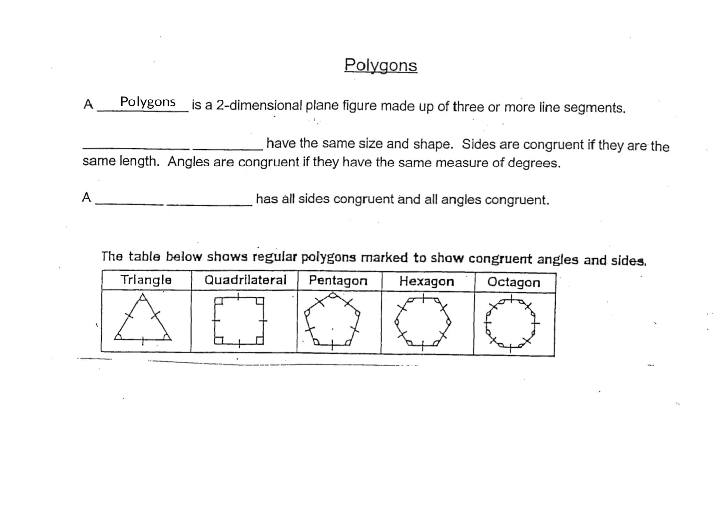The next one has 2 blanks, and it says blank blank have the same size and shape. Sides are congruent if they are the same length, and angles are congruent if they have the same measure of degrees. I'm going to type in what I think should go here, which is what we've used in the last few years: congruent figures.